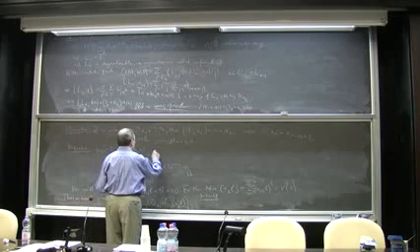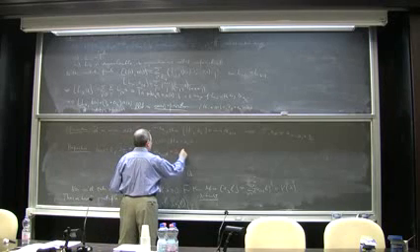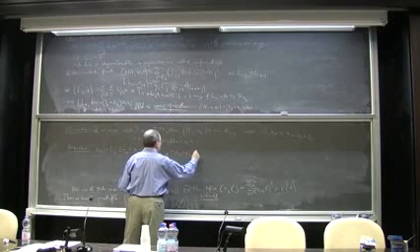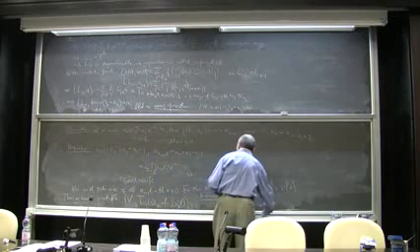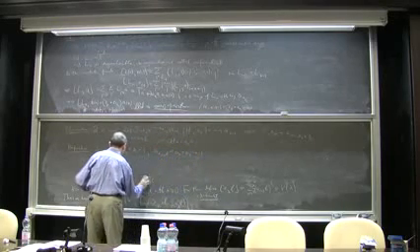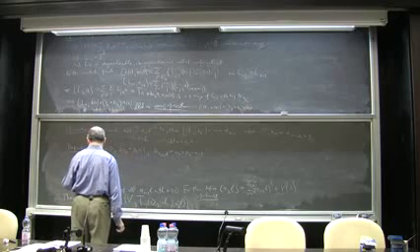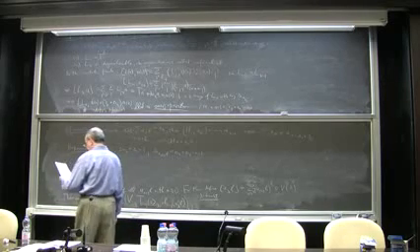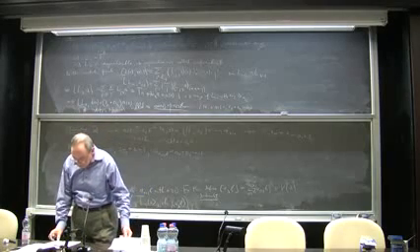And finally, if you take the nth product, it is equal to delta A plus delta B minus n minus 1.